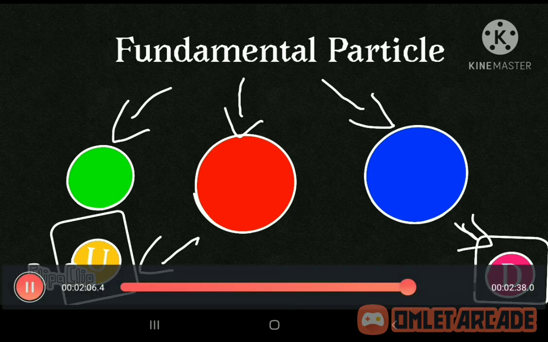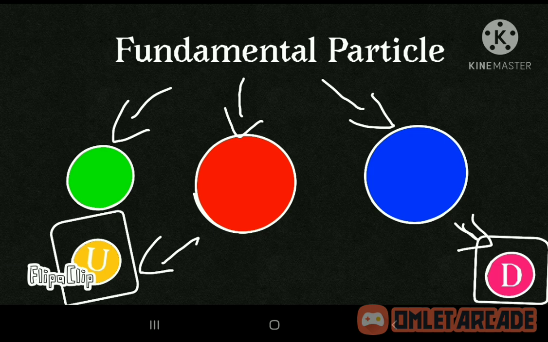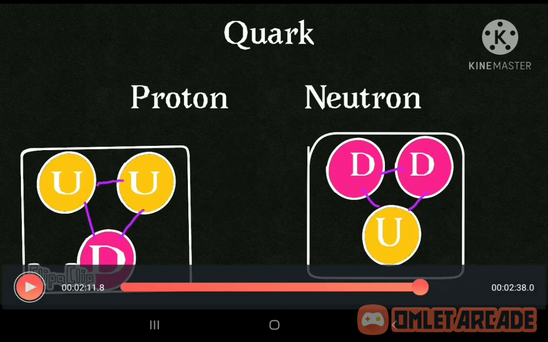There are many types of quarks, but we will just talk about two types of quark that make the atom we know. So you see that there is U and D over here. U is up and D is down. So in a proton, it has two up and one down, while in a neutron it has two down and one up.